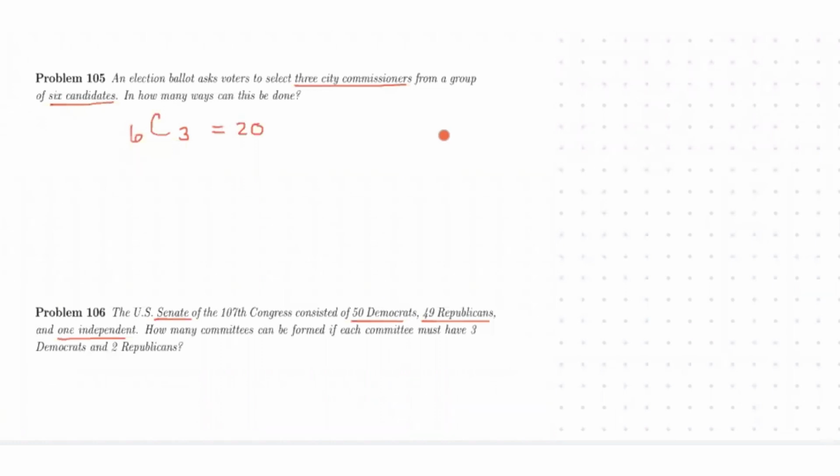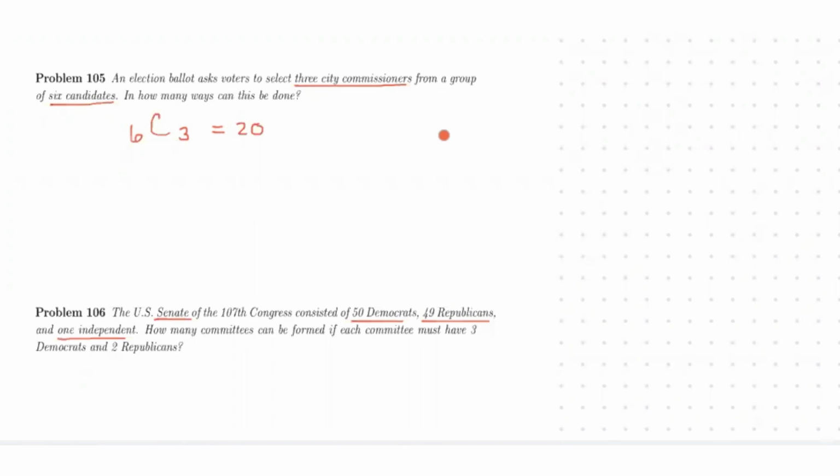House of Representatives, I think we have 430 something. I don't remember the exact number. So altogether, Congress has 500 something.